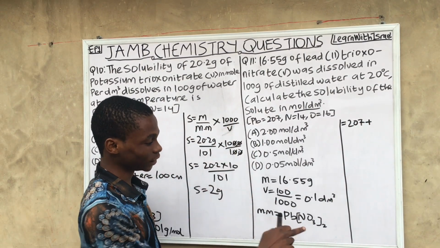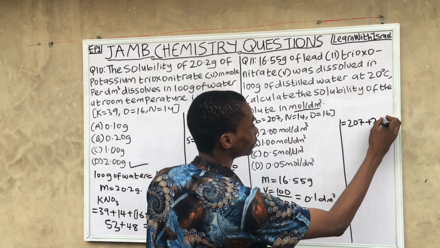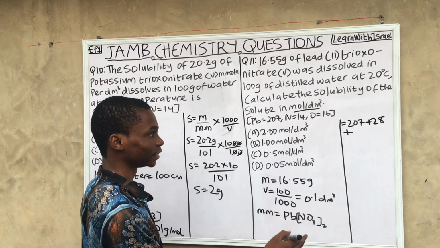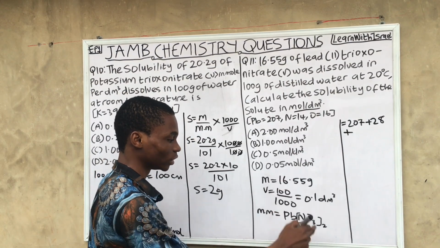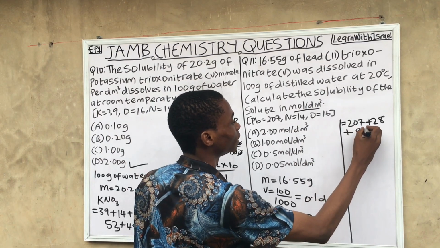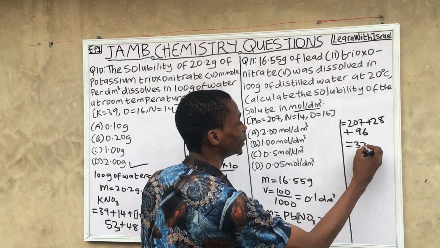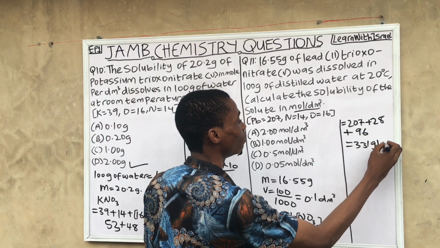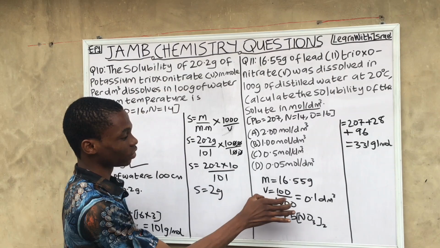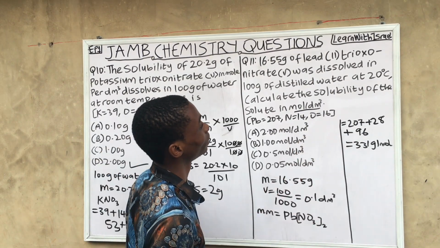But we won't write 14 because of the 2 here, so 14 multiplied by the 2 gives us 28, plus our oxygen. Oxygen is 16 multiplied by the 3 here, 48. So 48 multiplied by the 2 here will give us 96. If we sum it up together, we get 331 gram per mole. So we already converted the volume and we already have our molar mass.